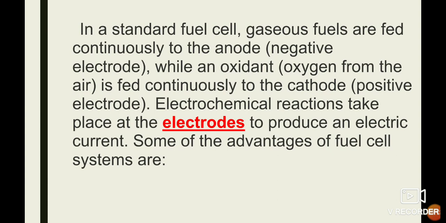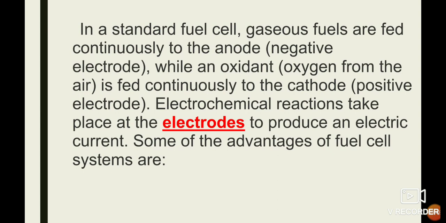Some of the advantages of fuel cell systems are as follows. Firstly, a fuel cell is a galvanic cell in which the chemical energy of a fuel oxidant system is directly converted into electrical energy. Second point, in a fuel cell, two electrodes and an electrolyte are present. Third, the fuel and oxidant are supplied to the electrodes of the cell continuously and separately.